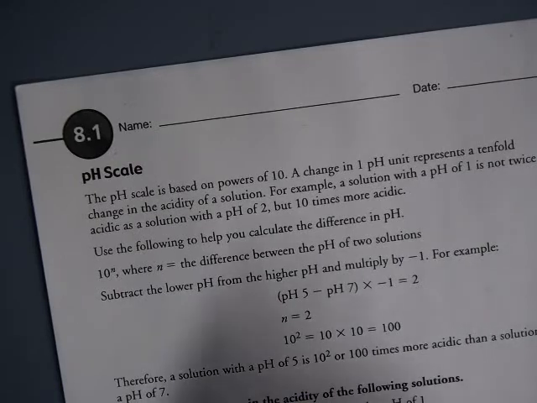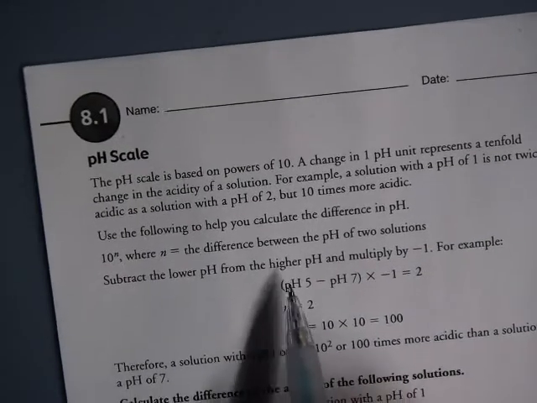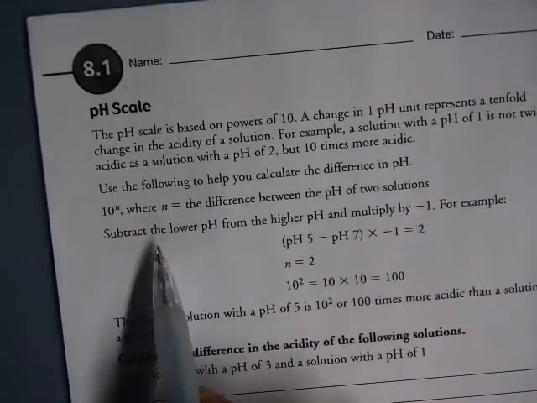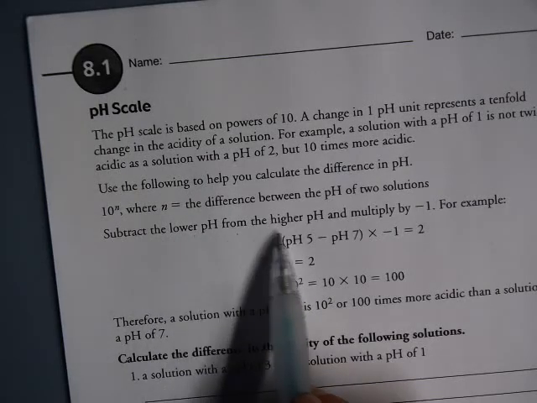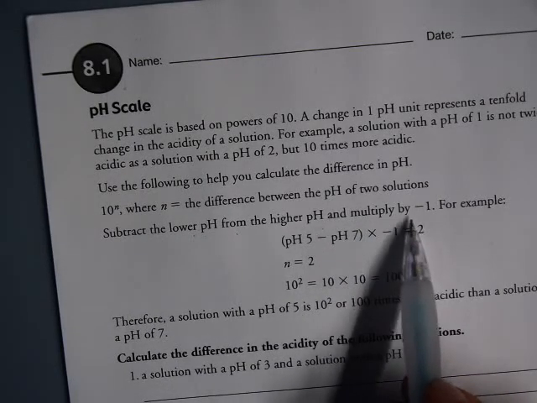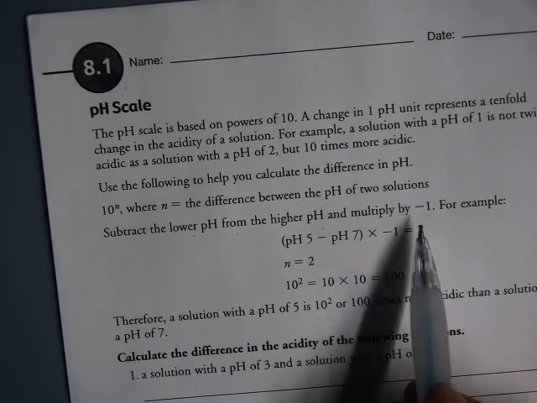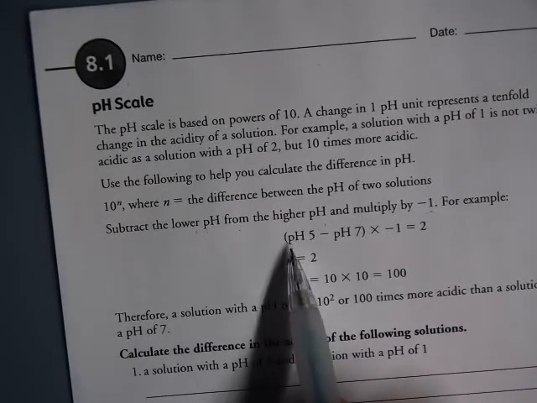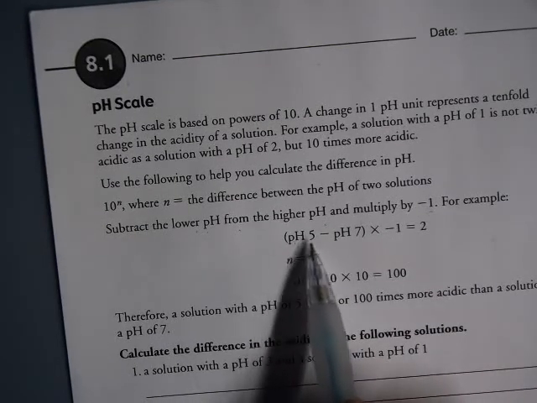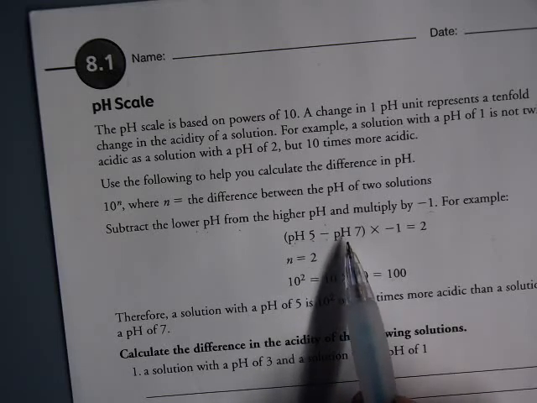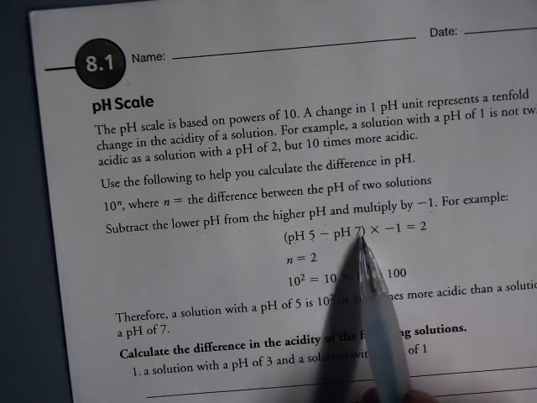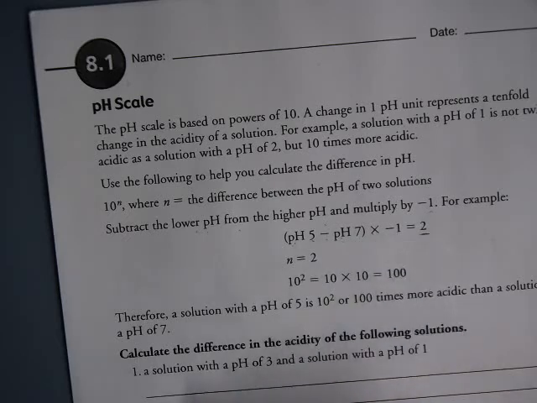So it says, subtract the lower pH from the higher pH and multiply by -1. For example, if you have pH 5 and pH 7, 5 minus 7 is -2. Then you multiply by -1 and you end up with 2.